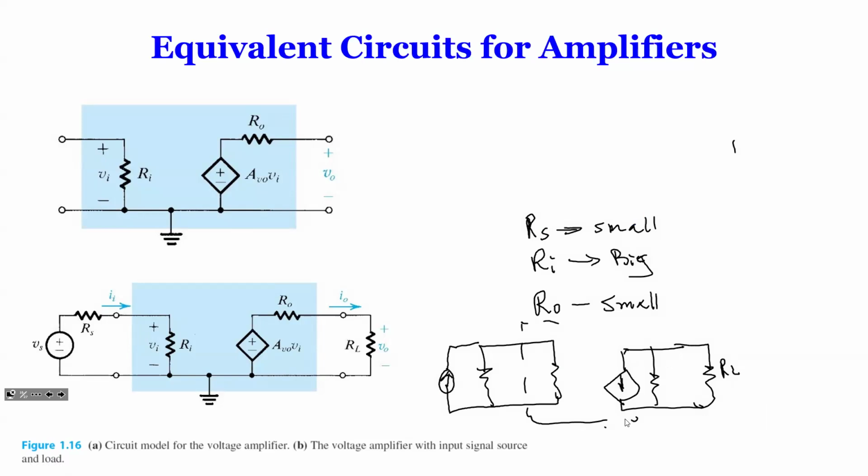Okay. So this is the amplifier. This is A times I_S. Okay. So if it's a current source, of course we want this RO to be small or big.